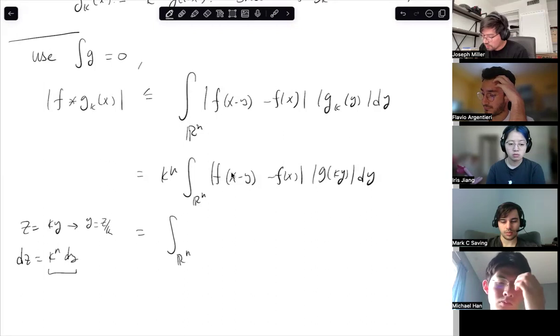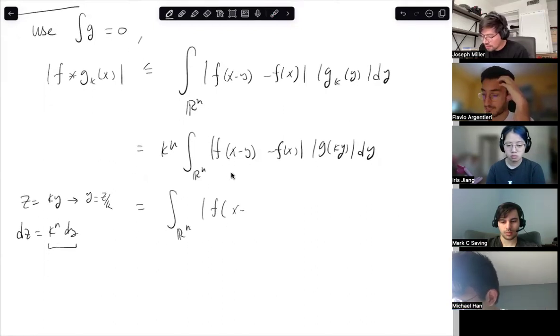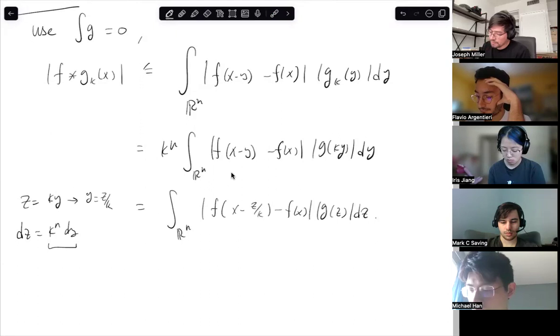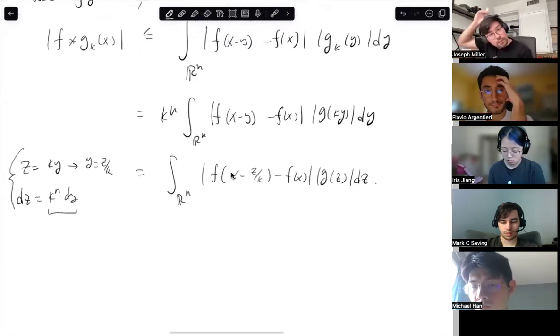So this is going to be still over the same space, but I changed the one place where y is: it's x minus z over k, minus f of x, and this is going to be g of z. Okay. Everybody clear up to that point?